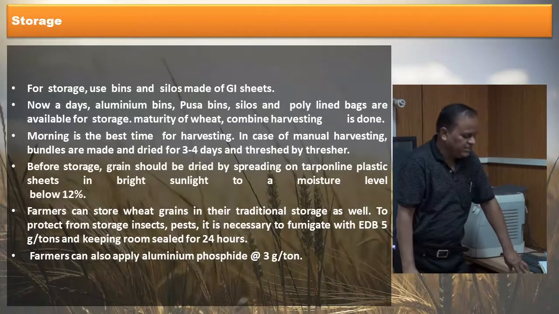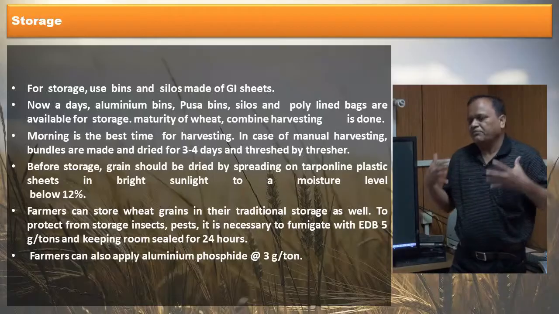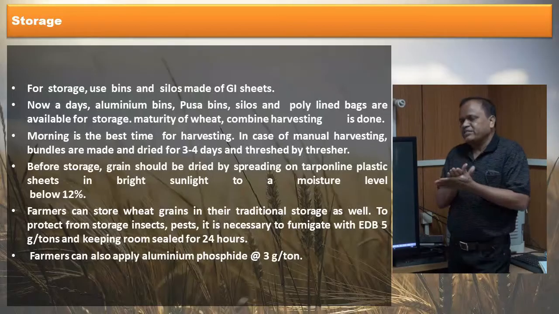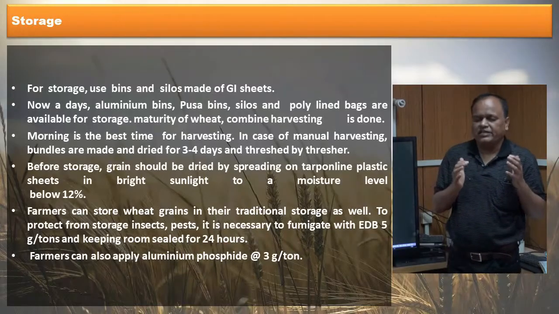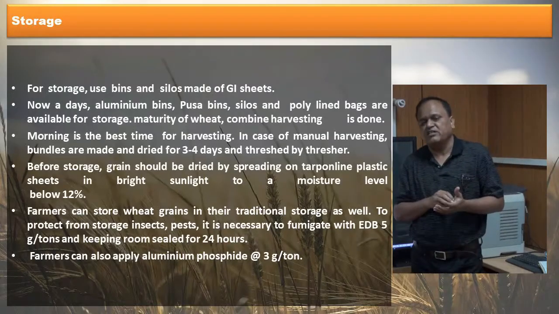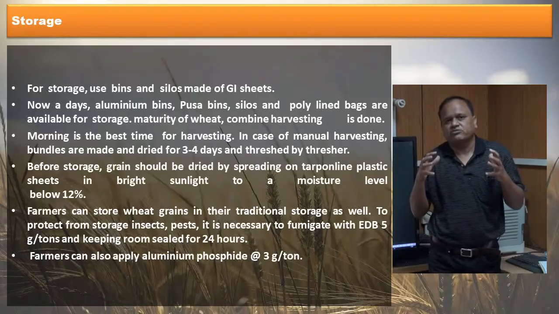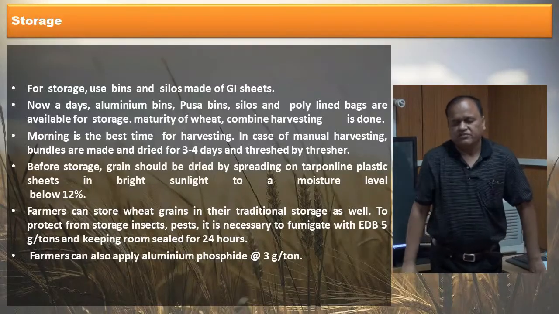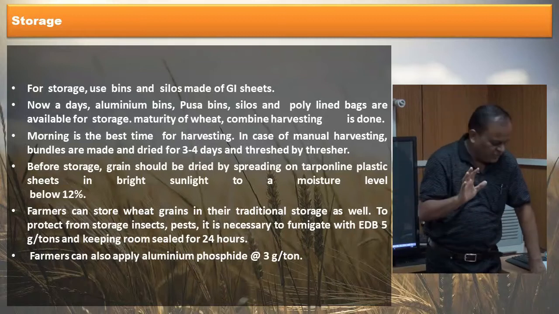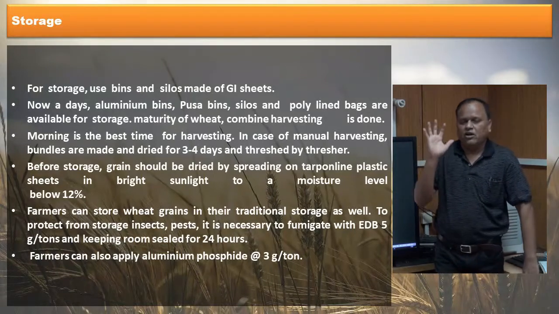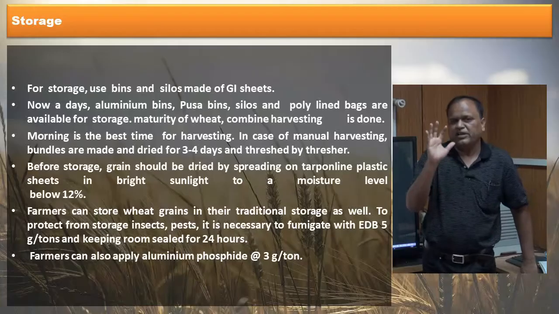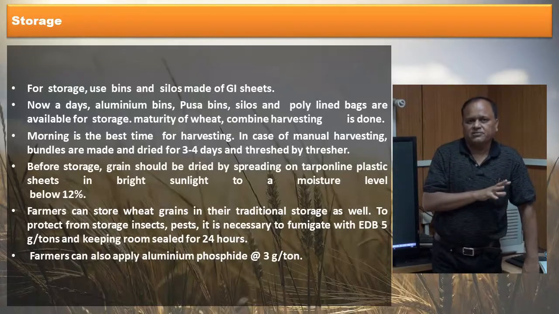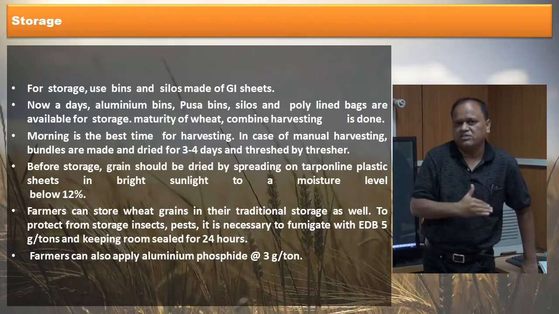Now next is storage. If you have harvested and threshed the grains, it is also essential to know how to store them so that post harvest loss will be minimal. Generally, 20% loss of wheat grains has been observed due to post harvest losses.